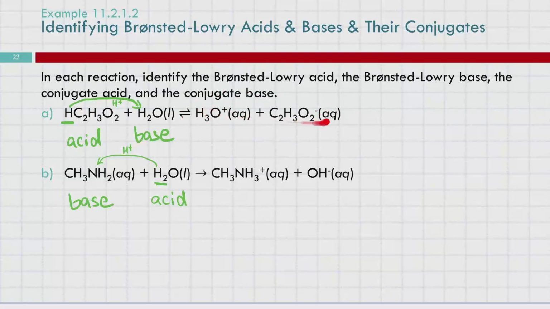Is it the left one or the right one? It's the right one. So that's the conjugate base. So our acid pairs with the conjugate base. And that makes H3O+ our conjugate acid. It's a conjugate of something, and it's an acid. Conjugate acid, not conjugate to the acid.